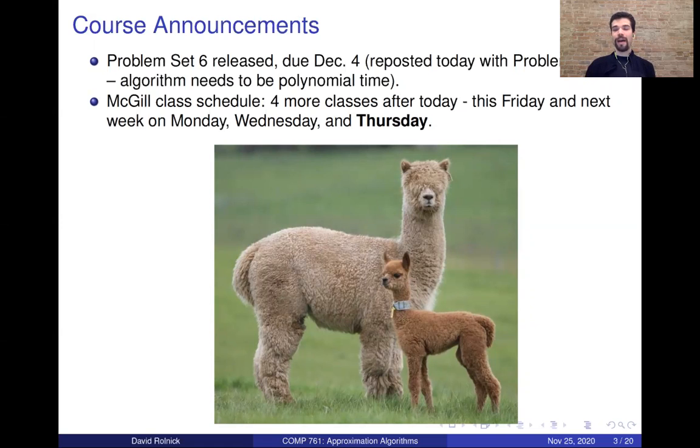Are there questions about that or anything else in the course? So again, the problem set will be due on the Friday after the last class. I will still have office hours on that Friday as normal.